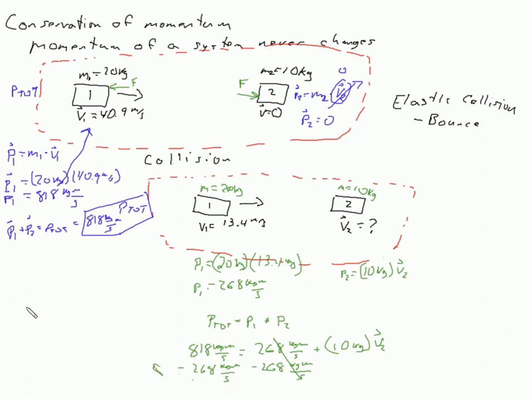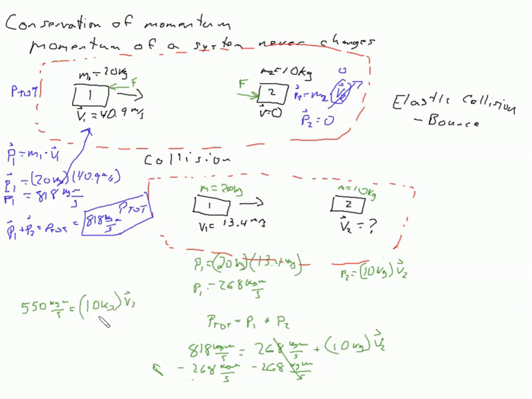That gives me, what is that, 550 kilograms meters per second equals, the only thing that's left over here now is the 10 kilograms times that velocity of box 2.